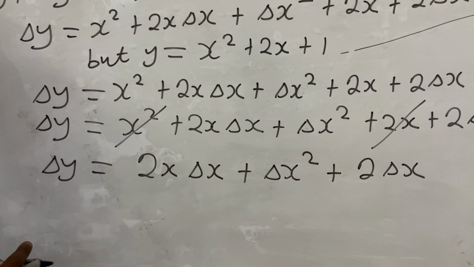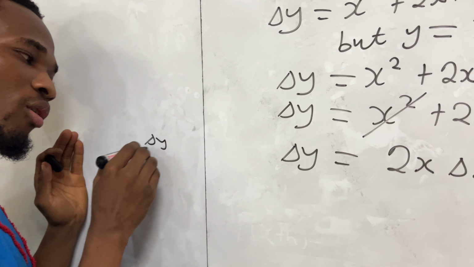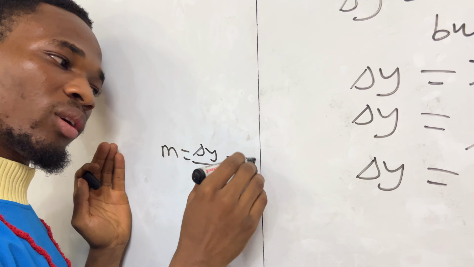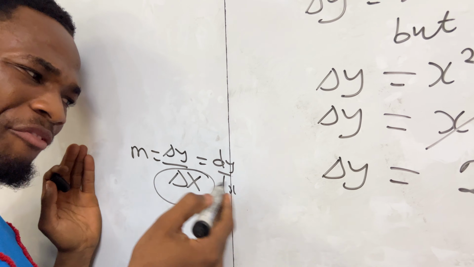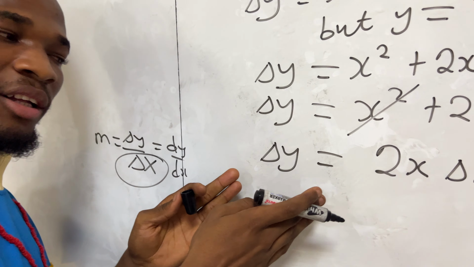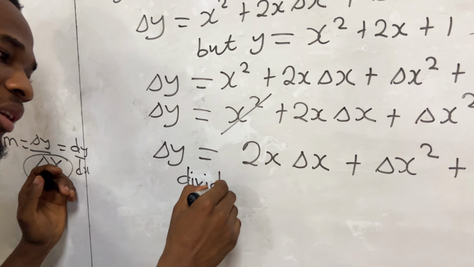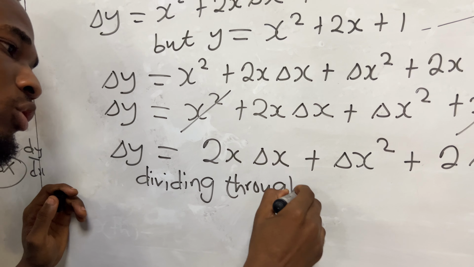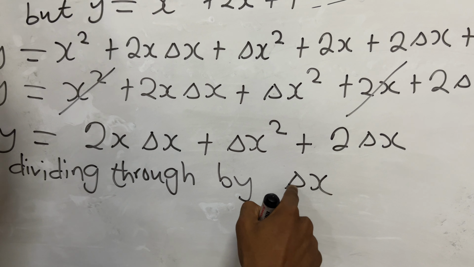Now when we reach here, remember gradient is what? We have the change in y over change in x. That's for gradient, which is the same as dy over dx. So that means change in x will have to divide. So when you get to this place, you say dividing through by change in x.